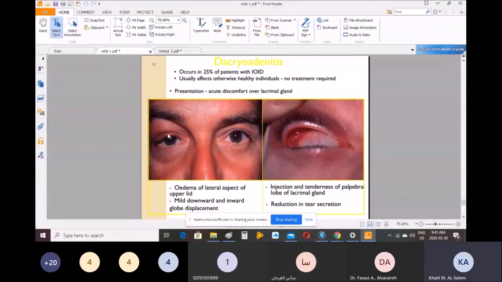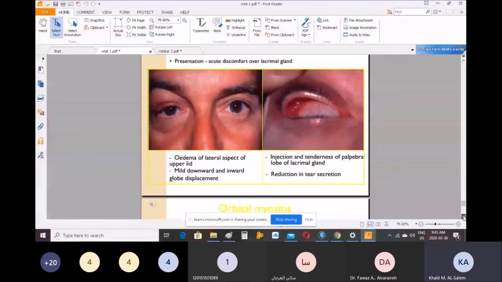Usually it's self-limiting, no need for treatment. However, we give them intralesional injection of steroid or oral steroids that will really relieve the edema, and usually it will resolve within 12 weeks.